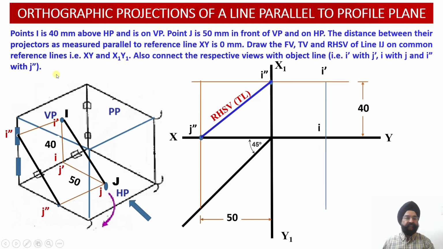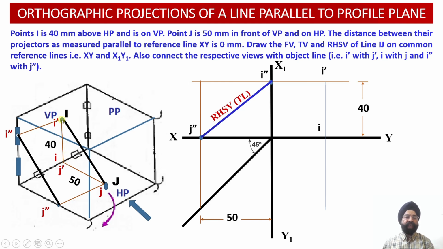Similarly, we can check as we look at this particular point I from the top. We have observed that this point I, since it is contained by the vertical plane, will have its top view projection contained by the XY reference line.